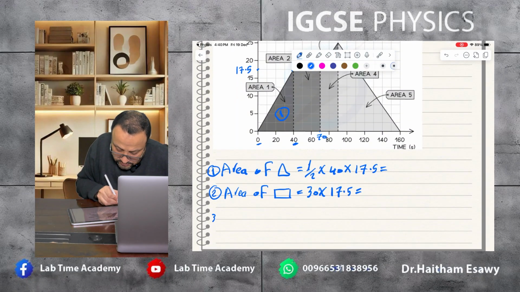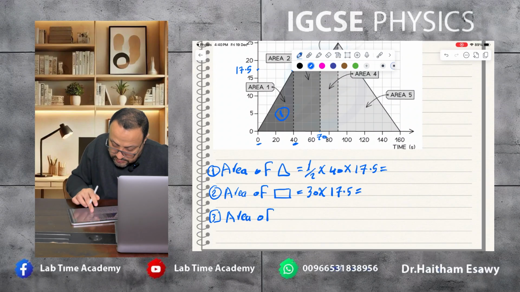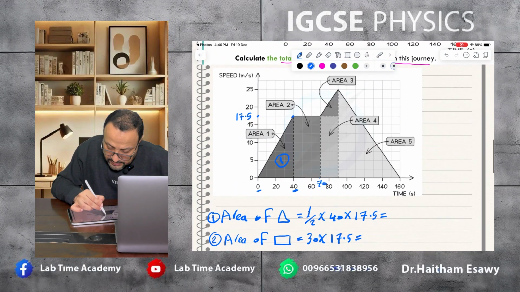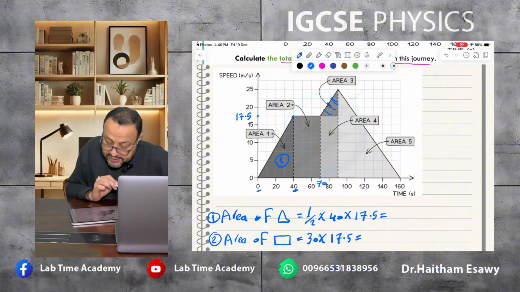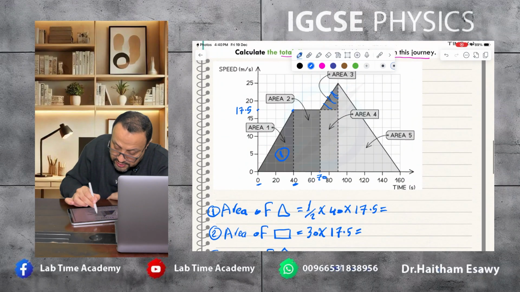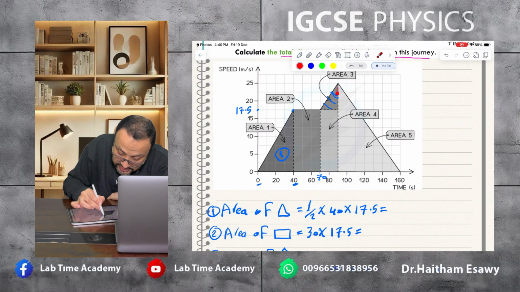Shape 3. As you see, this is a triangle. So the area of this triangle equals half times base times height. This will be the base, as you see, and this will be the height.